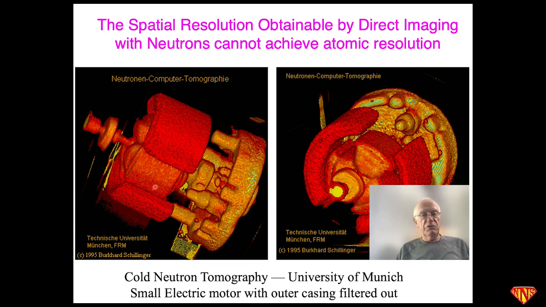With neutrons, you can do this type of radiography down to size scales of the order of 10 microns. You can do it to much better resolution than that, in other words smaller length scales, with X-rays, basically because X-ray sources are much brighter and much better collimated. But down to objects of order some number of microns, you can do direct imaging using radiation.